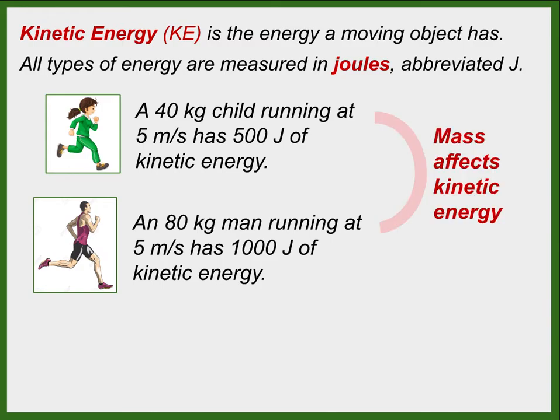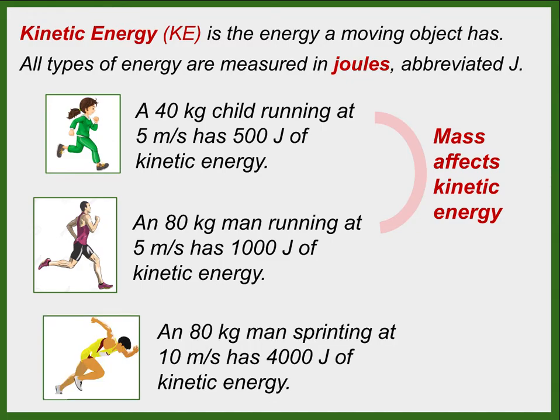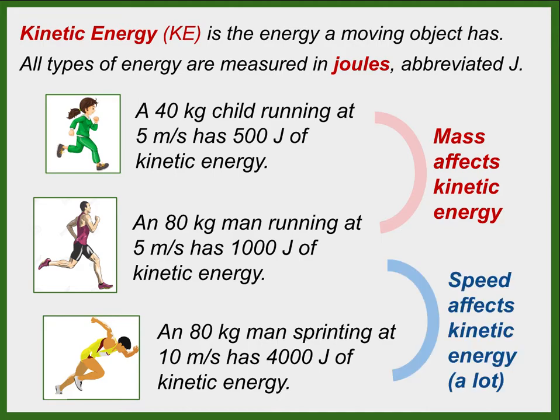So there's a simple relationship between mass and kinetic energy: mass is directly related to kinetic energy. If a different 80 kilogram man is running at 10 meters per second, so the speed is doubled, this has a huge effect on the amount of energy. It actually quadruples the amount of energy.